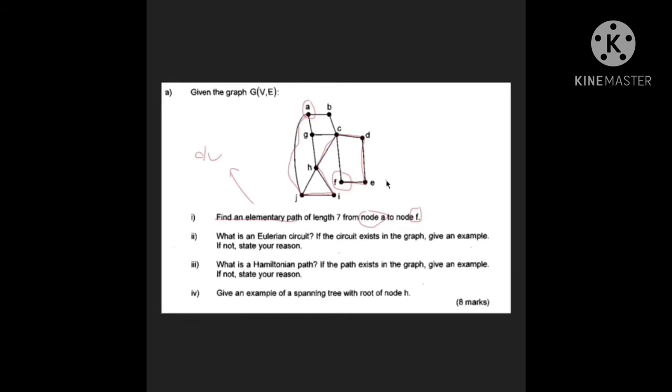An Eulerian circuit is a path that begins and ends at the same vertex and traverses each edge exactly once. As you can see in the graph, there is no Eulerian circuit, because there are vertices with odd degree.